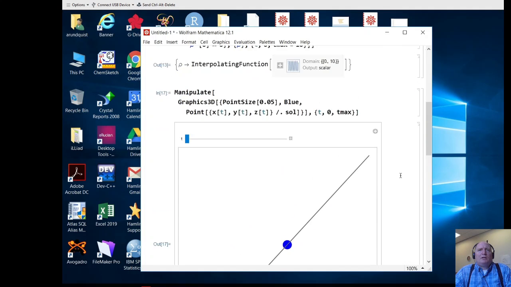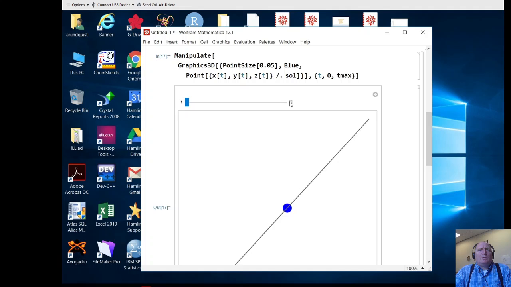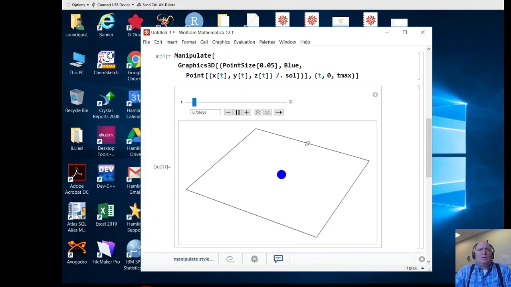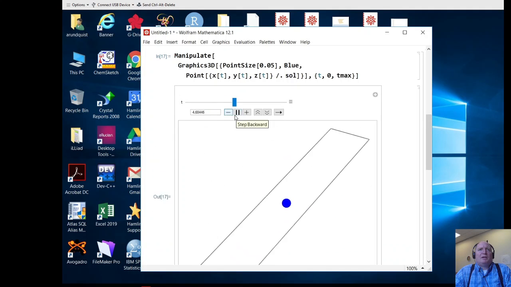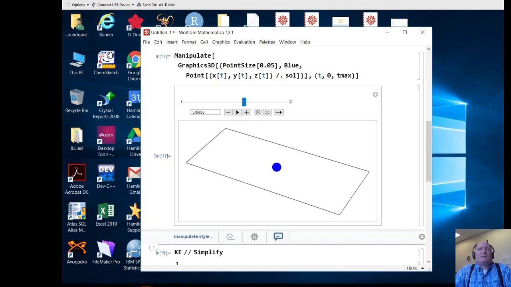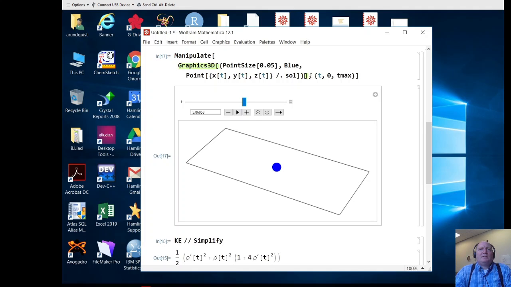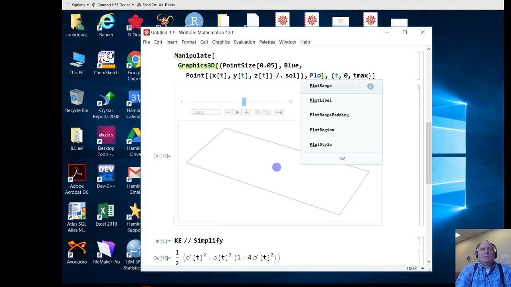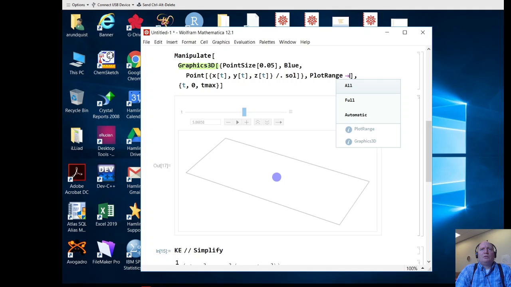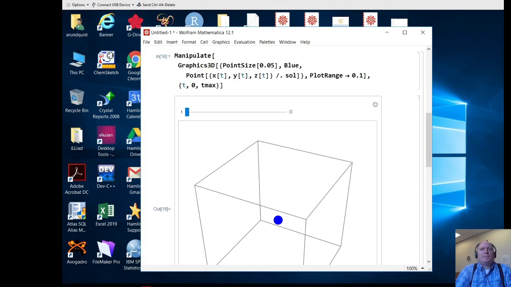Let's see what that does. Oh, why is it drawing it on a line? What happens if I... Oh, I see what's happening. Okay, so now let's go into Graphics3D and let's do plot range goes to 0.1 in all directions.